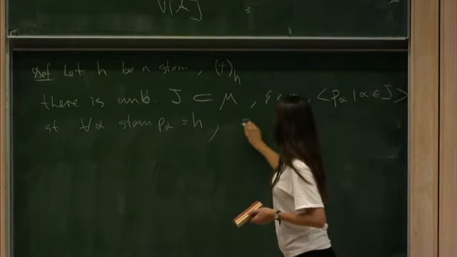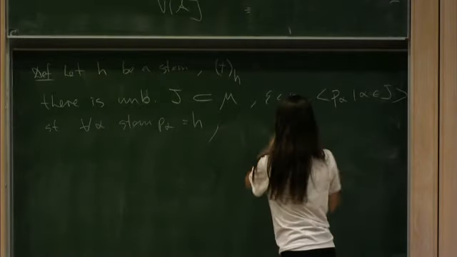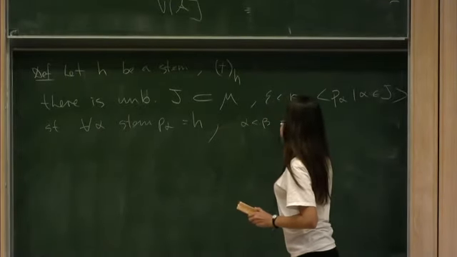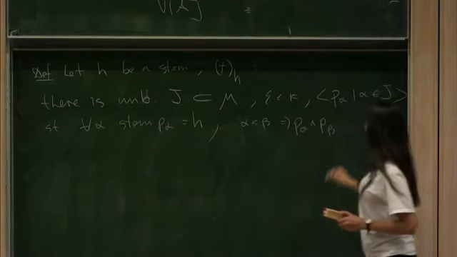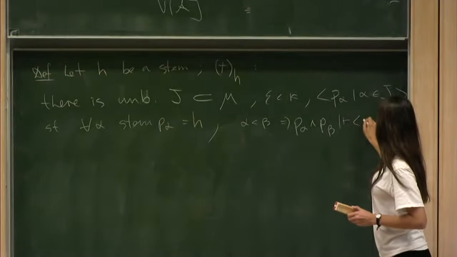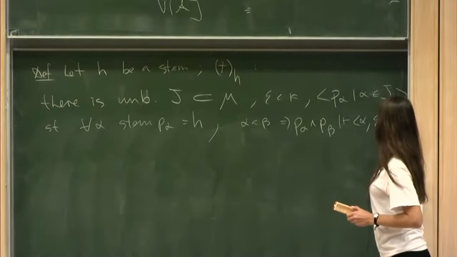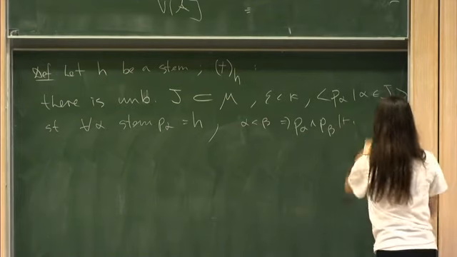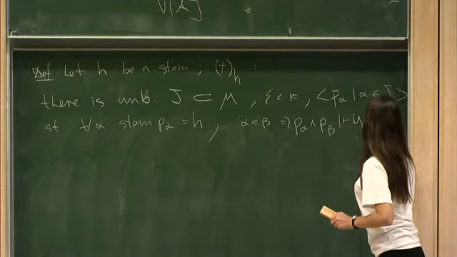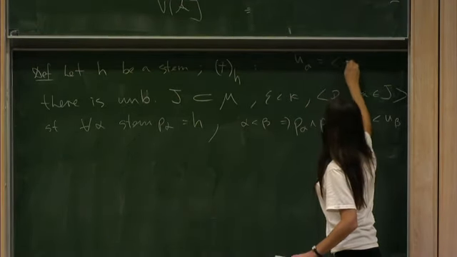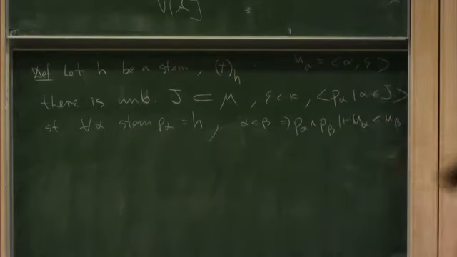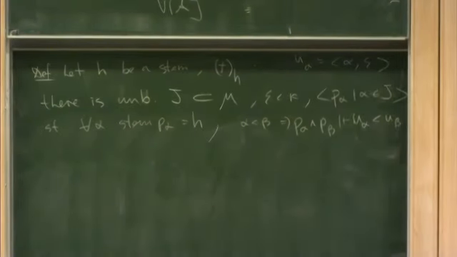Also, we have for every alpha less than beta, p alpha meet p beta forces that u alpha is less than u beta, where u alpha denotes alpha psi. This is just from Itai's paper.